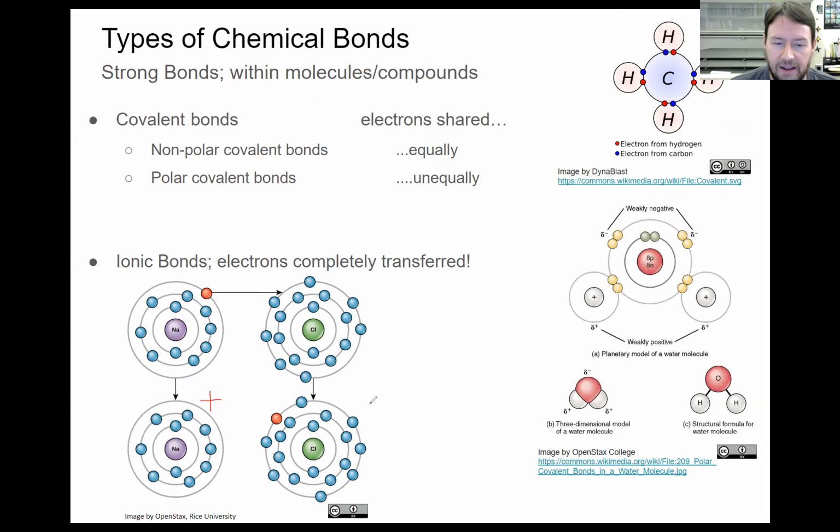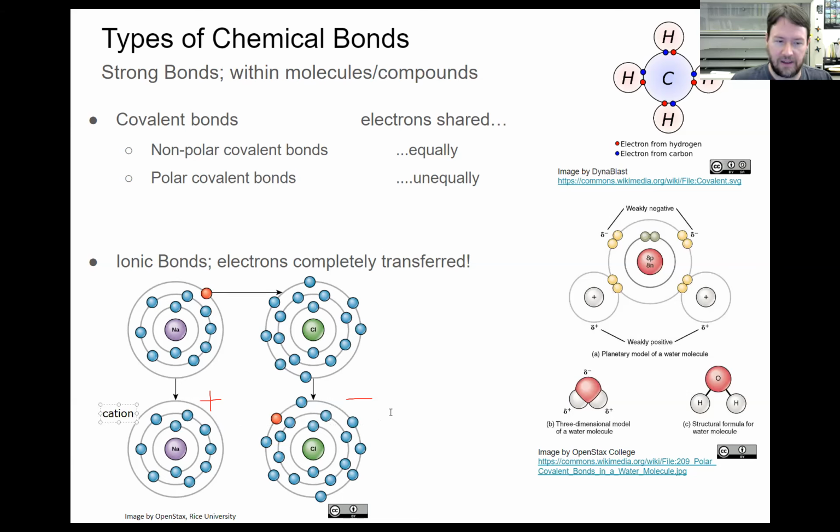And then chlorine gains an electron and becomes a negatively charged ion. And we actually have some special terms for this, which I will mention. So sodium would become a cation. I'm going to put this over here.